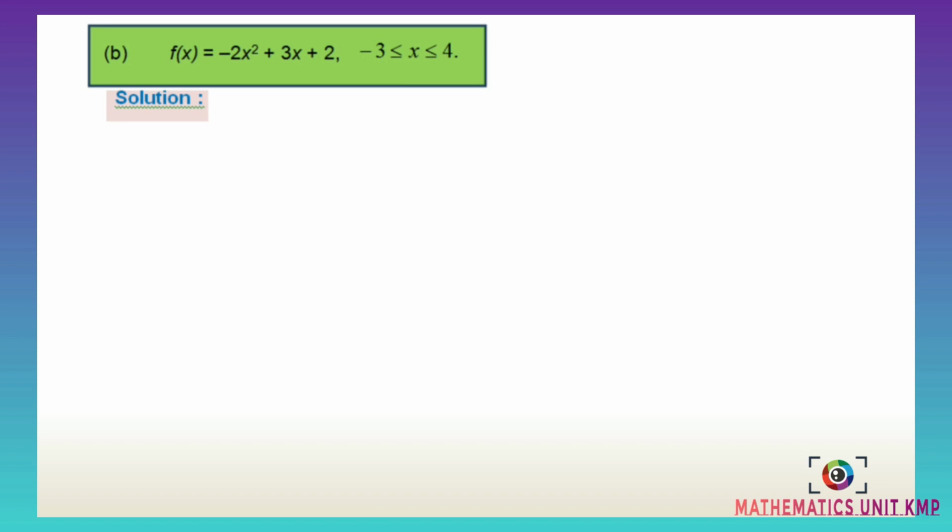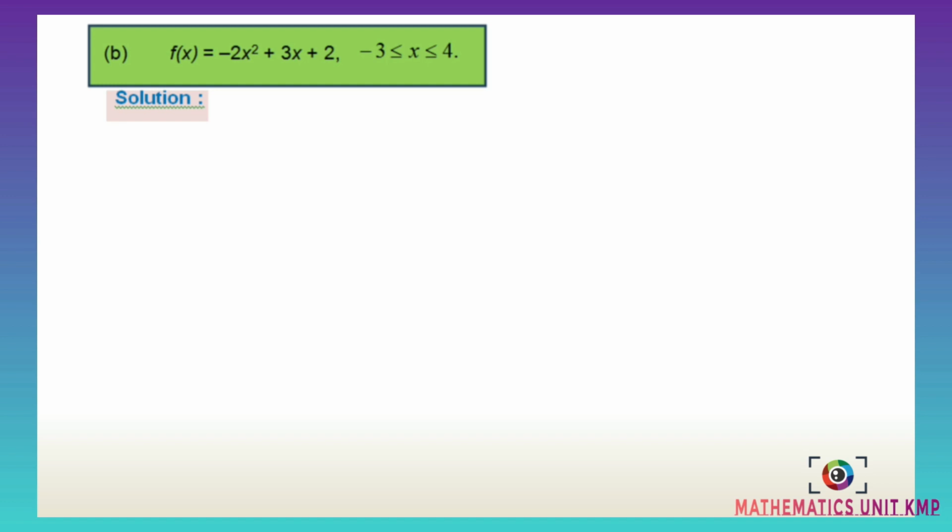For example 5.4, question B, f(x) equals negative 2x squared plus 3x plus 2, given the constraint x greater than or equal to negative 3 and less than or equal to 4.